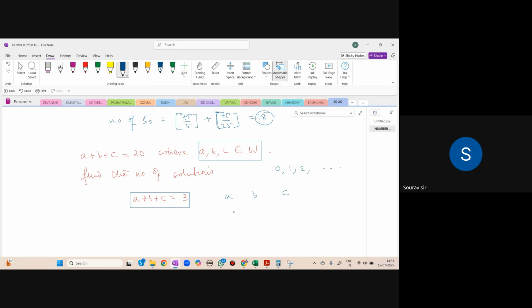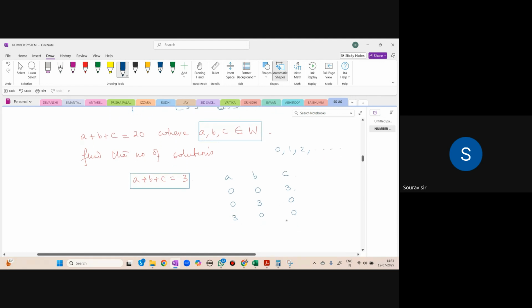What can be the solutions? 0, 0, 3, right? 0, 3, 0, 3, 0, 0. This can be a set of solutions. Total is 3. Correct? Understood?